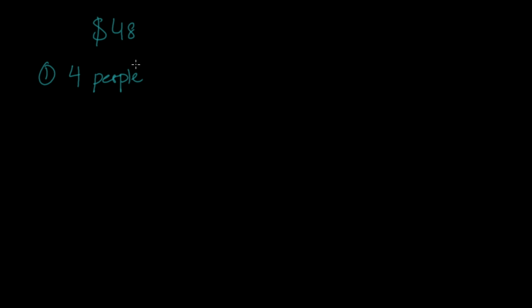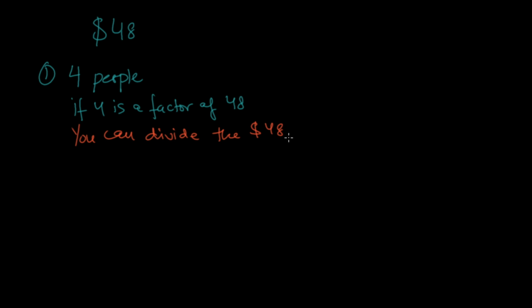So if 4 is a factor of 48, which it is, then you can divide the $48 amongst 4 people equally. So everybody will get an equal portion and you will have no money remaining that's left, right?